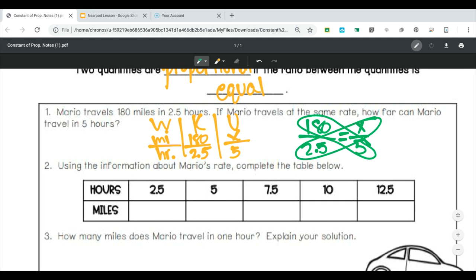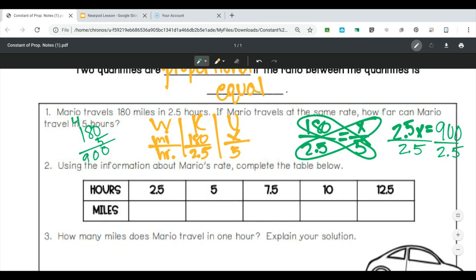So we're going to get 2.5x equals, I'm going to multiply over here, 180 times 5, that equals 0, that'll be 40. 5 times 1 is 5, plus 4 is 9. So that'll equal 900. And then we divide by whatever's beside our x, which is 2.5.